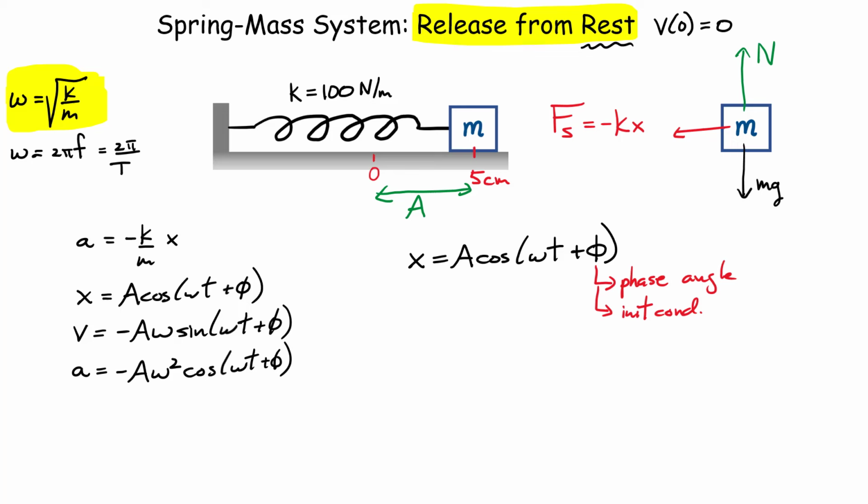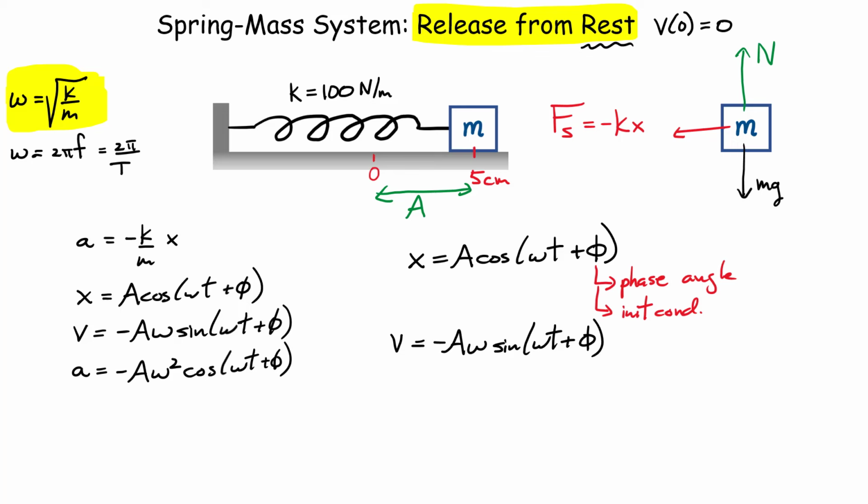So what does that mean? Well, we have an expression here. If this is my position versus time, I know that the velocity has to be given by this. So velocity v is minus A omega sine, the same term as over here, omega t plus phi.